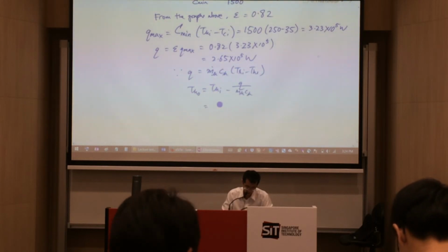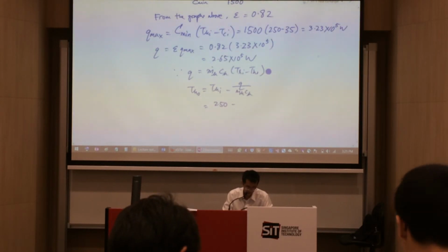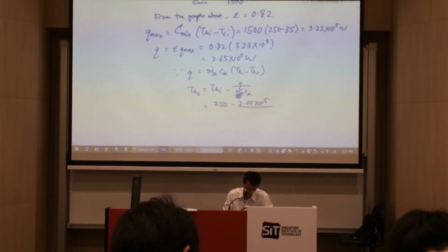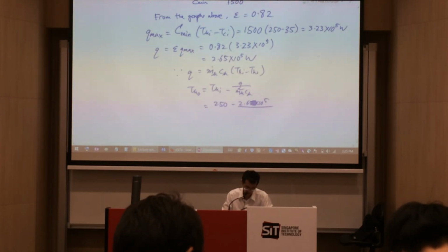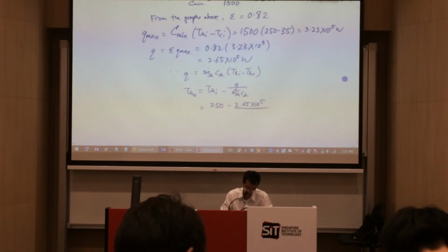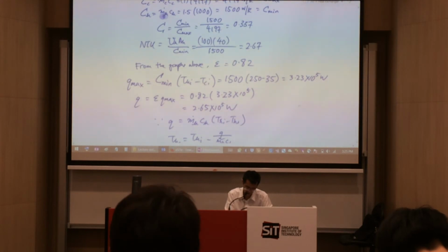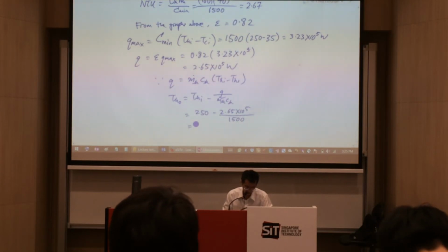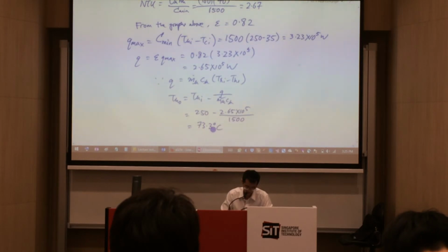So put in all those numbers, 250 minus Q. I haven't calculated Q, yeah, I have it. Q over here is 2.65 times 10 to the power 5 divided by this m dot HCH. That will be what you have calculated at the top, 1,500. This one is calculated already. So that's 1500. Do that calculation, you get that as 73.3 degrees Celsius.